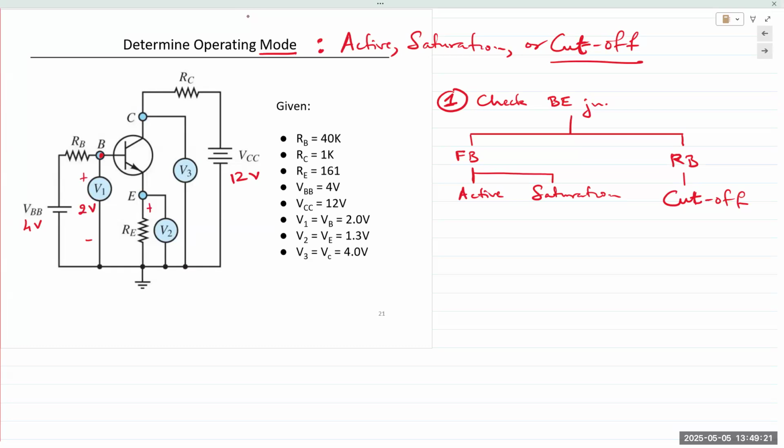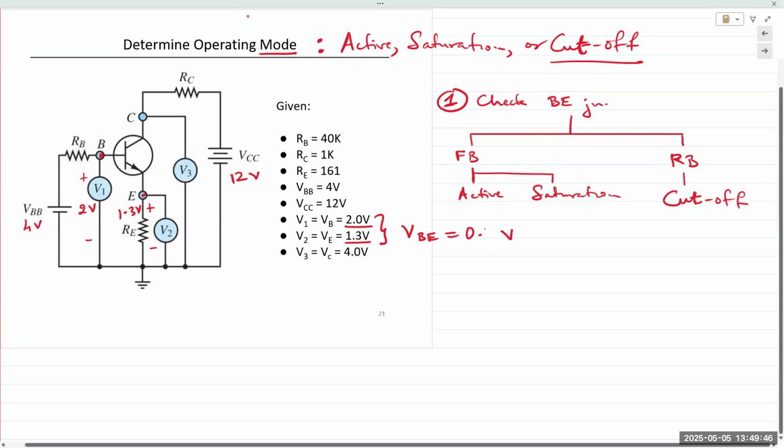Emitter is given to us as 1.3 volts. So VB is 2, VE is 1.3. From there, if you calculate VBE, it's 0.7 volts.